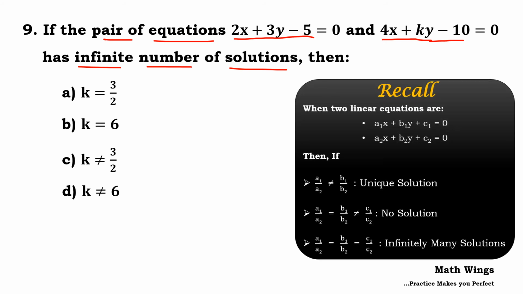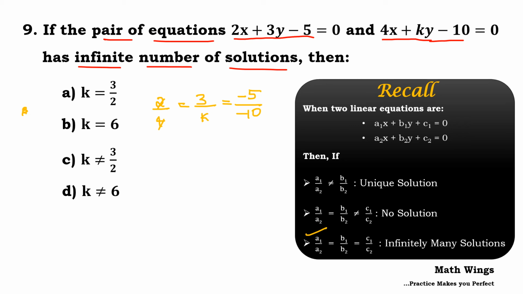So for infinite number of solutions, the condition is a1 by a2 is equal to b1 by b2, which is also equal to c1 by c2. So if we compare the coefficients of the given problem, we can write 2 by 4 is equal to 3 by k, which is equal to minus 5 by minus 10. So this gives me the answer half.